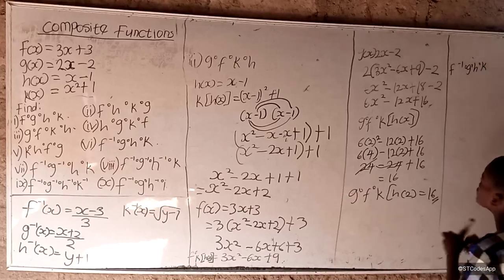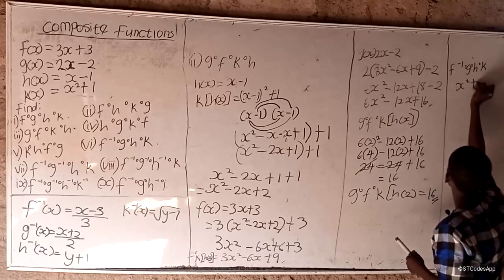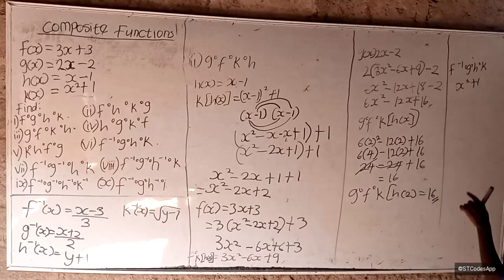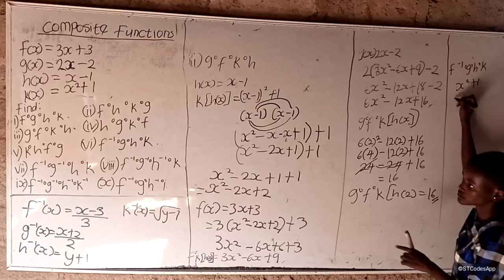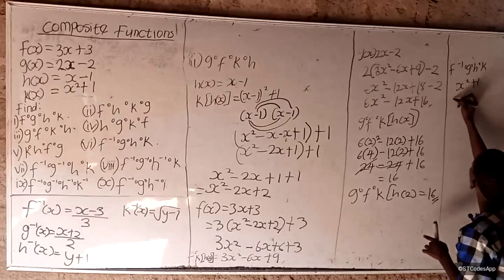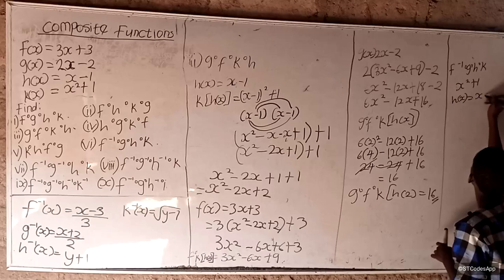Recall, we have our k of x to be x squared plus 1. So we're going to impute our k of x into h of x, which is x minus 1.